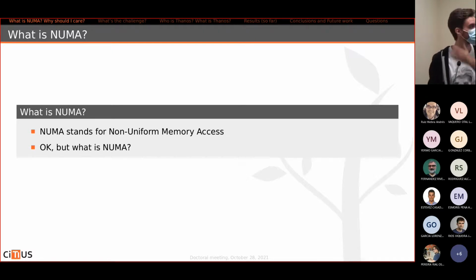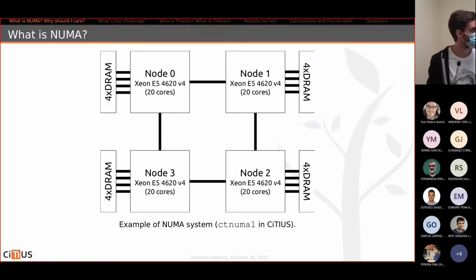It's easier to explain what this is with an example. Here we have the topology of CiTIUS 1 here in CiTIUS. We can see that a NUMA system is a server that is formed by several nodes. In this case, we have 4 nodes, and each node has its own processor and a memory bank.